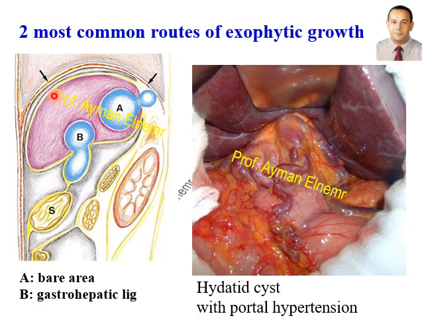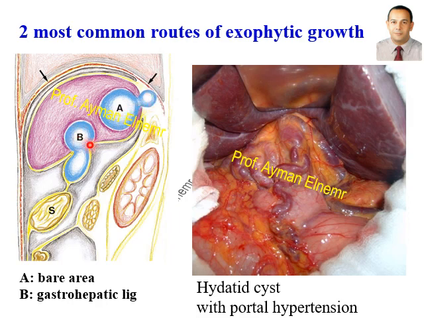These are the sites of direct pressure and exophytic growth of the hydatid cyst, and they occur in two common sites. One is the posterior surface of the liver at the bare area, so the cyst content can penetrate the diaphragm directly, as I said before, and communicate with the pleura, so the bronchial tree.